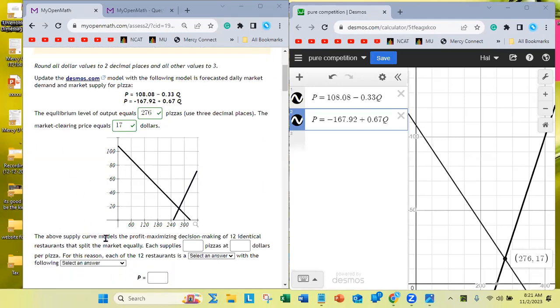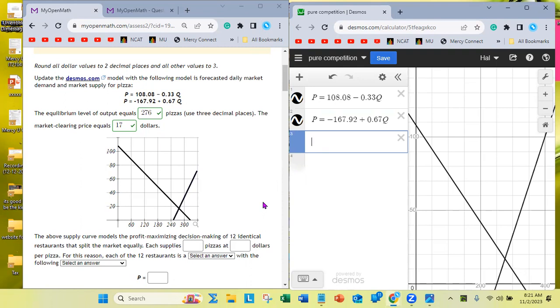Now, the above supply curve models the profit maximizing decisions of 12 identical restaurants. In my model, I have 12 identical restaurants. So 12 restaurants comprise the supply curve. And because they're identical, they're going to split the market equally. What does that mean?